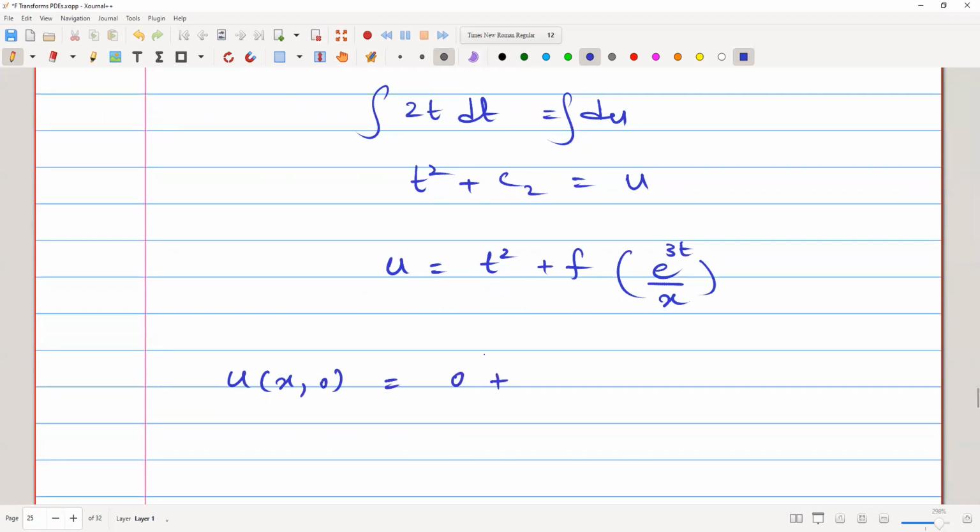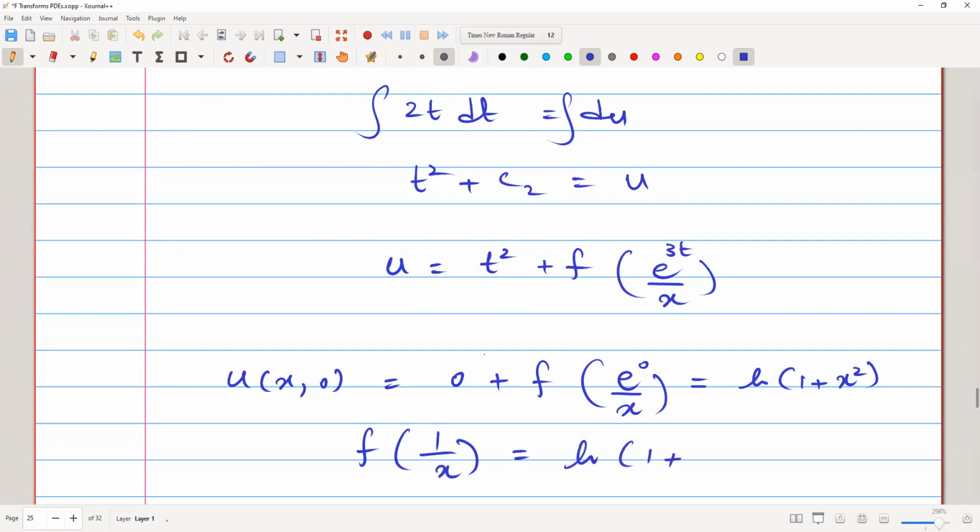So u(x,0) equals 0 plus f of e to the power 0 over x, and this is equal to ln(1 plus x squared). Okay, so we can see here that f of 1 over x equals ln(1 plus x squared). But what we need is f of e to the power 3t over x.